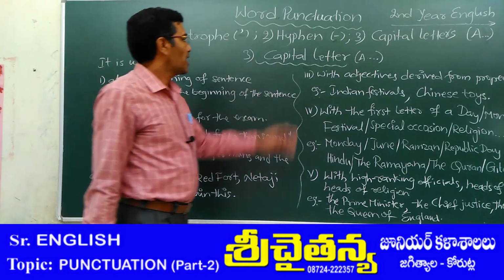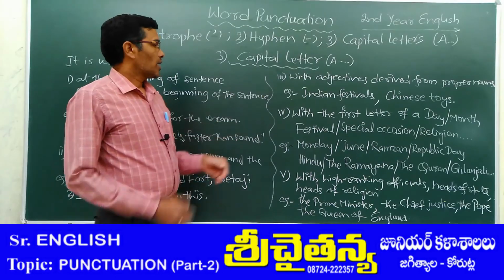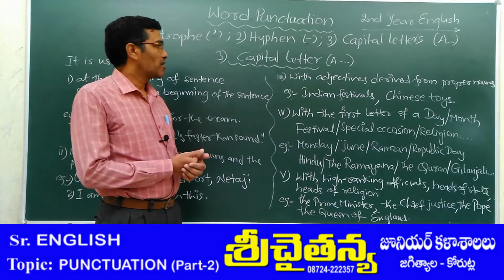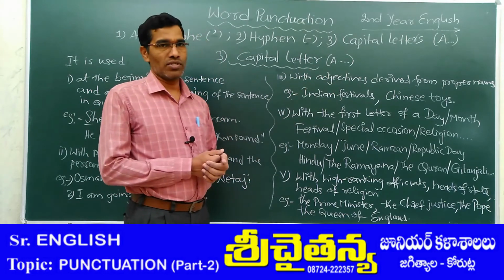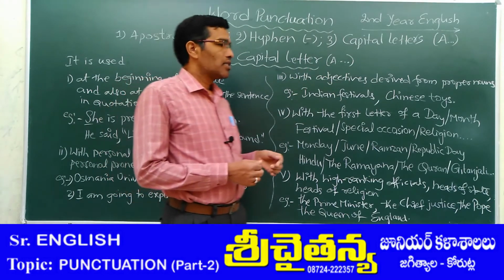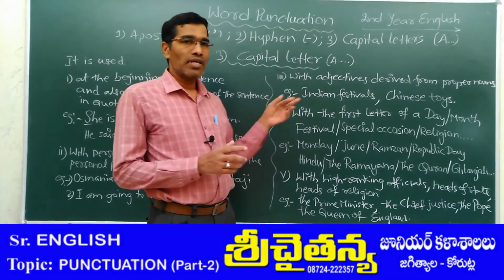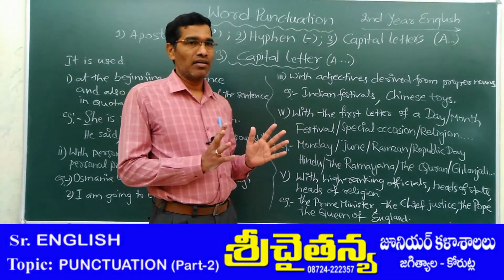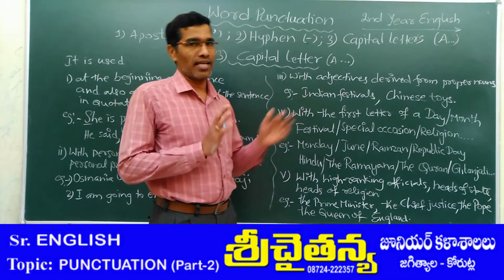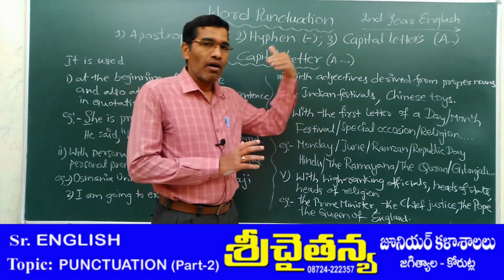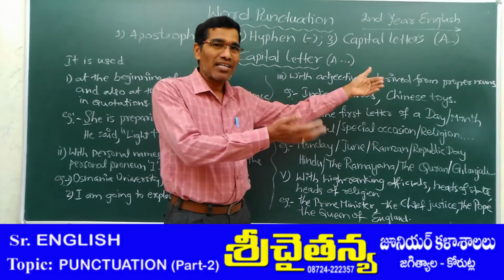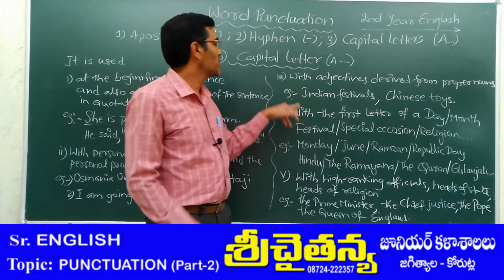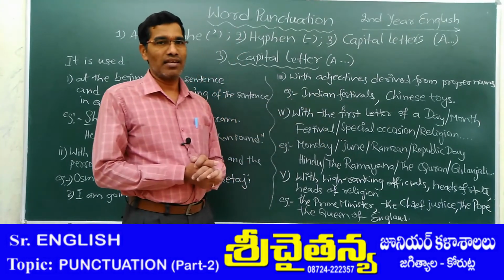Okay. Then, the third usage of capital letter is with adjectives derived from proper nouns. Yeah, the proper noun is India. Indian is an adjective. From a proper noun, India, converted into an adjective, that is Indian.